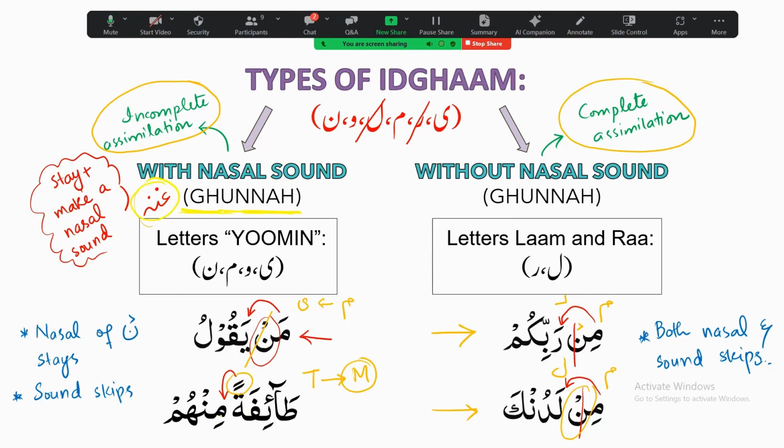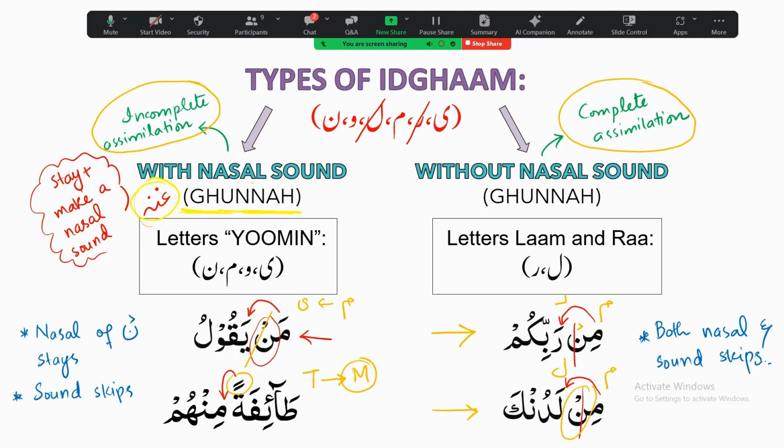Ta'ifatam minhum. I do not do this. Rather, ta'ifatam minhum. I stayed here on meme. I made a nasal sound because meme is from these human letters. Ya, wa, meme, noon letters, which are from the second type of idgham. So we are making a nasal sound here in these letters.